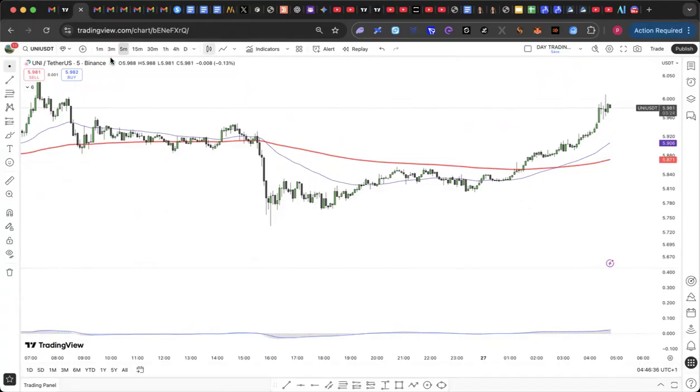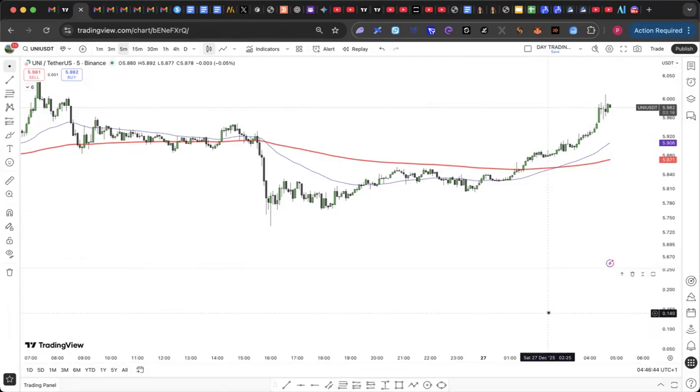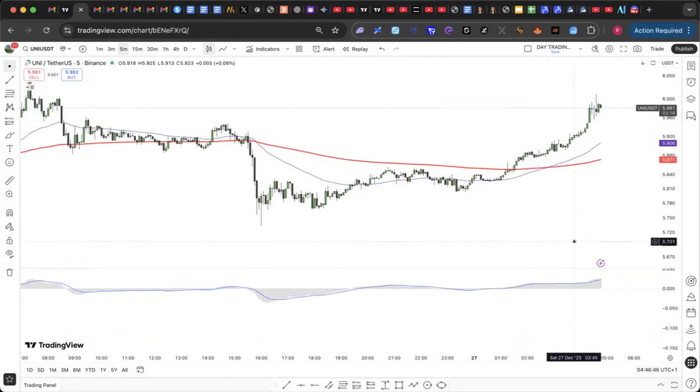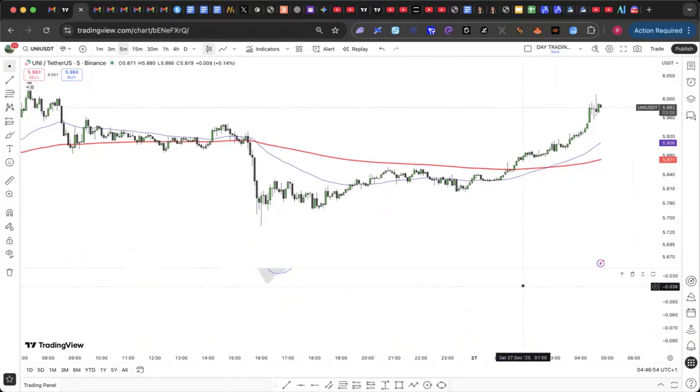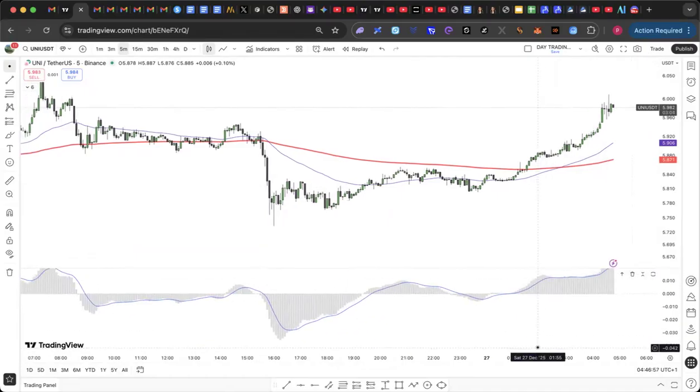All right. So that is what it is for trading with moving averages and MACD. I told you about divergence of MACD. When MACD is showing higher and price is lower, it's what we call divergence.